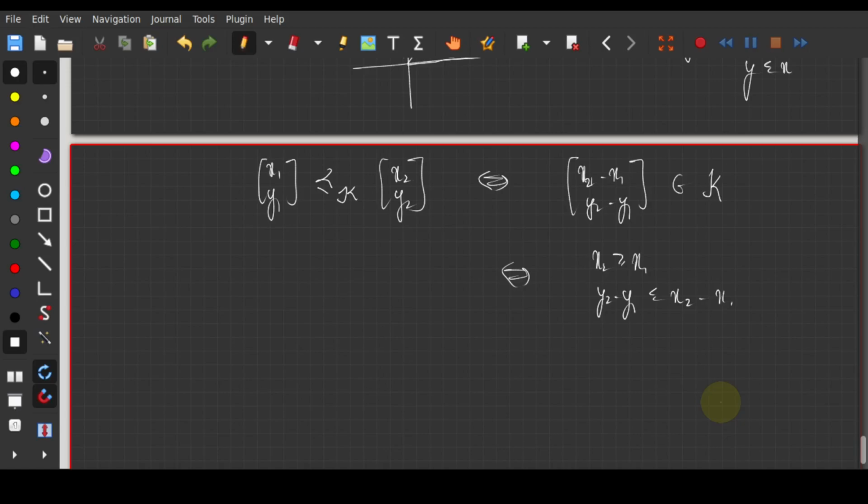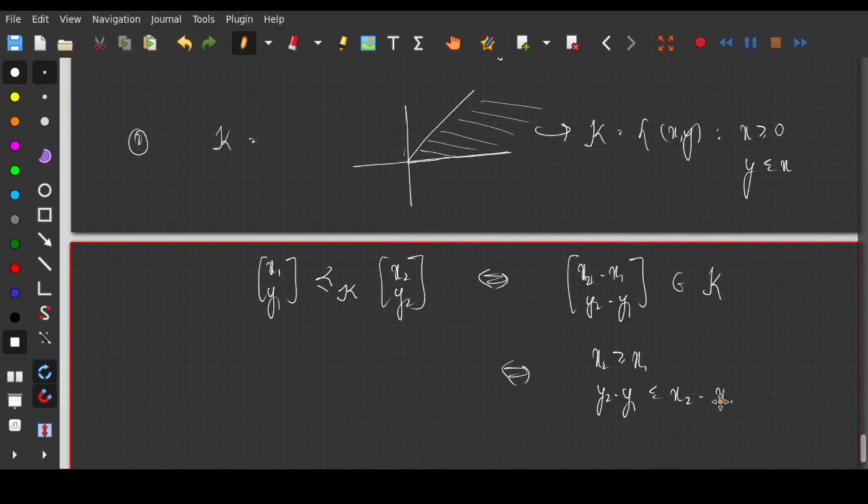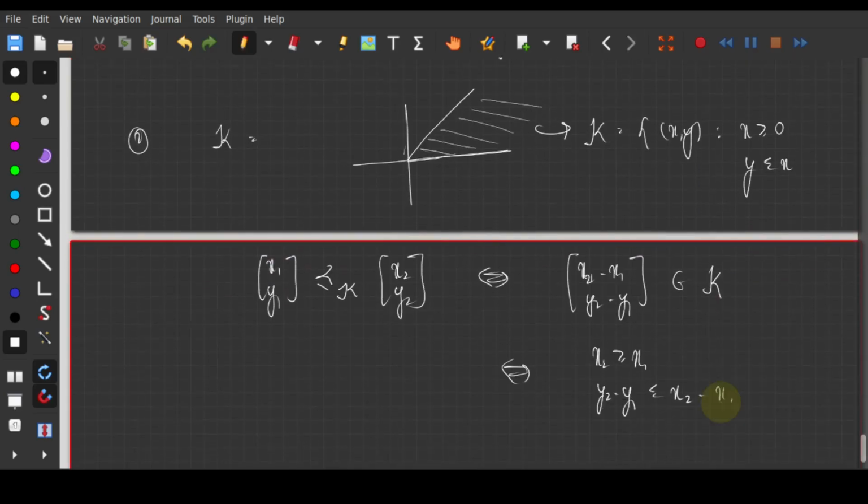Sorry, can you repeat? X is equal to y. That implies x is equal to y component. If I take K to be the non-negative orthant, in these two cases that may happen. What's so special about this? What is special about these inequalities?